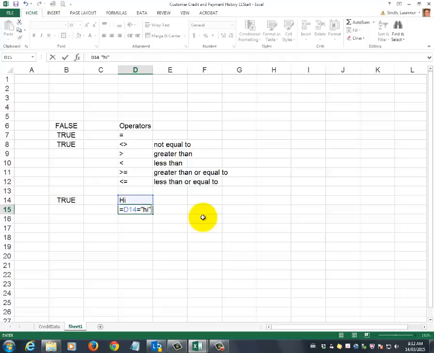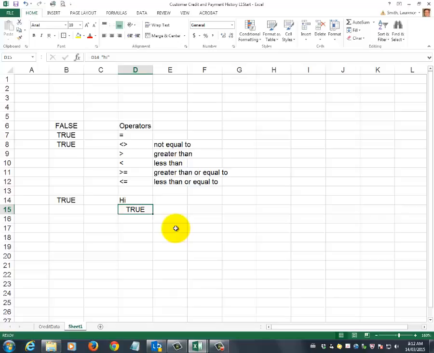Notice I put quotation marks around it. So what I'm saying is, is the one above equal to hi? I press return and it should come back as true. So you can point to cells that have text in them to resolve if the text says something true or false.